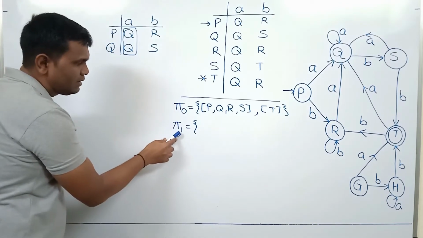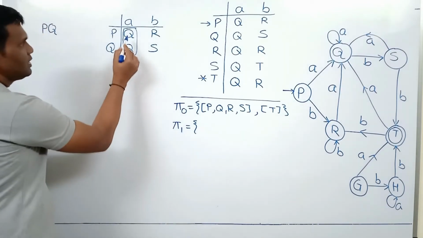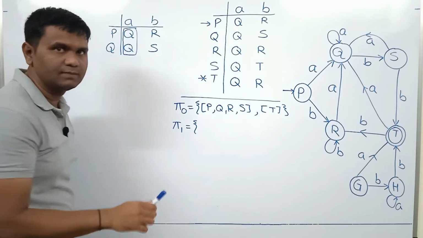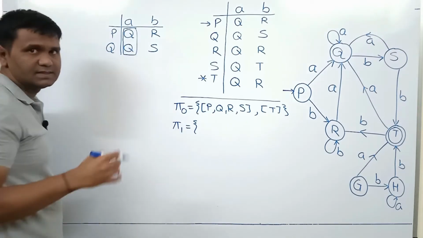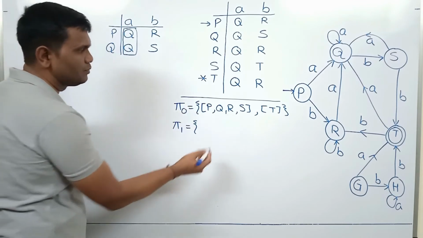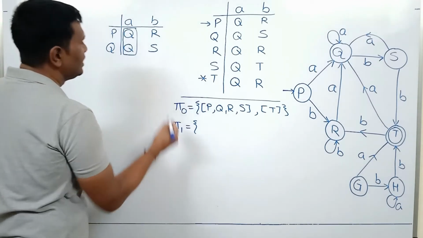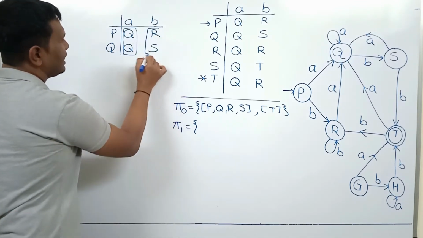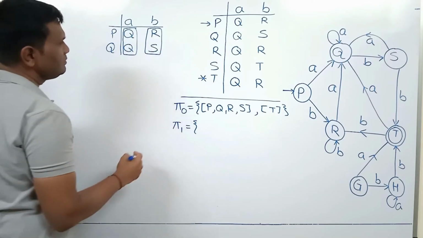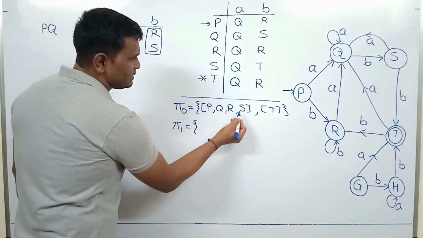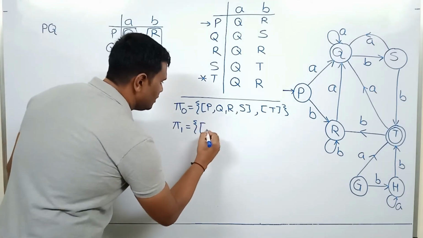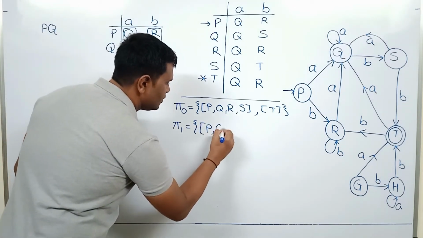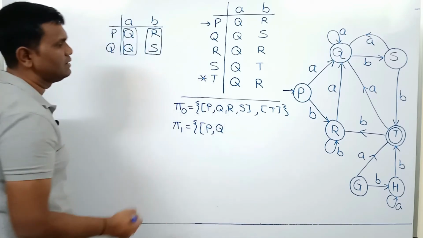Right now we are calculating one equivalent. Check whether Q and Q are in the same group in zero equivalent. So here Q and Q are the same states, they must be in the same group. Q is here, Q is here. Now check for R and S. So R and S are in the same group in zero equivalent. So P and Q are one equivalent.